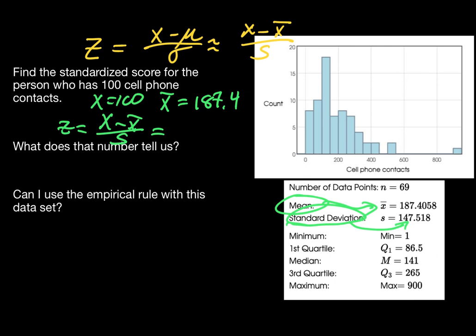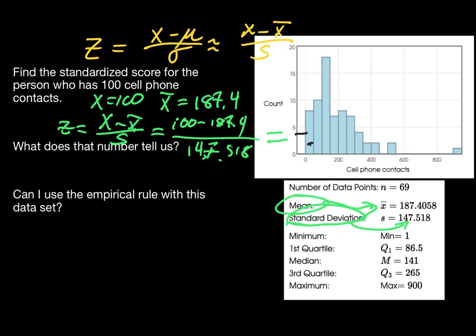It's a substantive response. And then I plug in numbers, 100 minus 187.4 divided by S, which was 147.518. And I find that z-score is, this is my pause where someone then shouts out the answer.